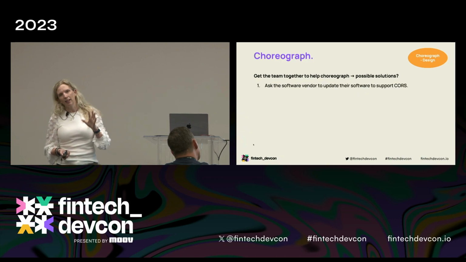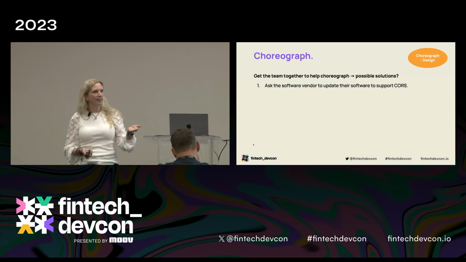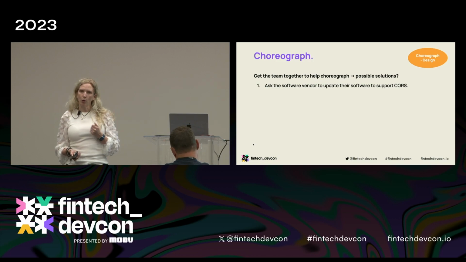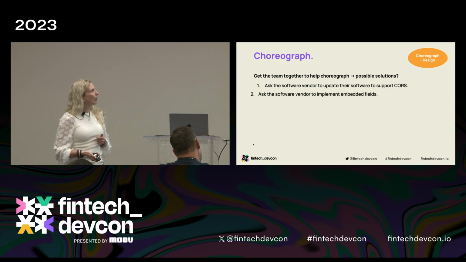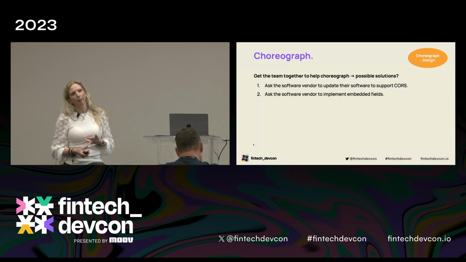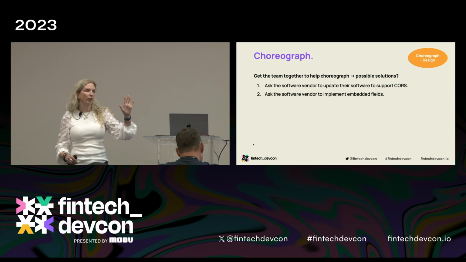And I've already touched upon this, and some of this is not going to be a surprise. We were like, well, we can ask the software vendor to make a change to support CORS. We could ask them also to use embedded fields, so to iframe the ability to collect the credit card number on our servers rather than on the merchant services, which helps take out the PCI compliance.